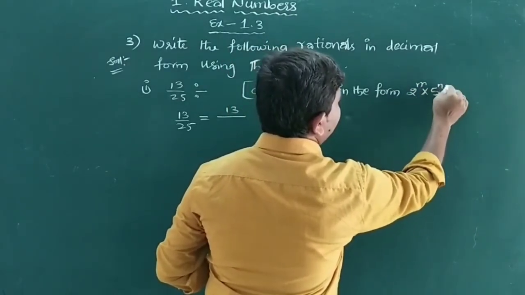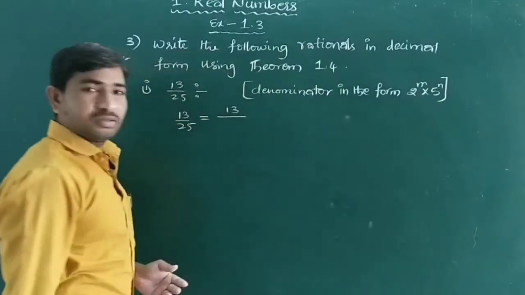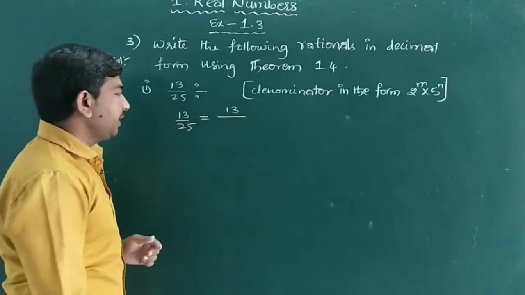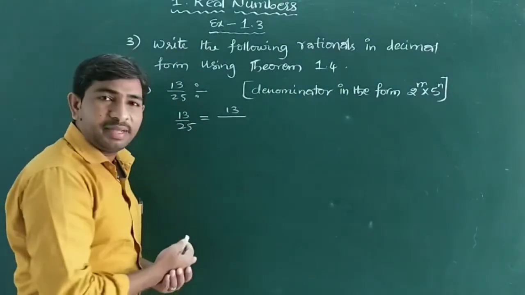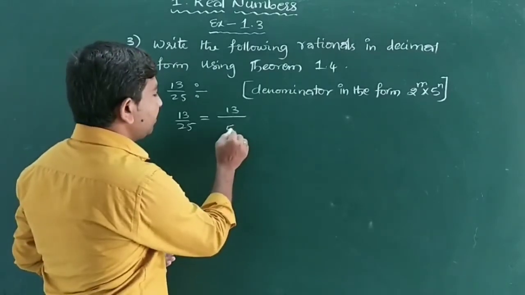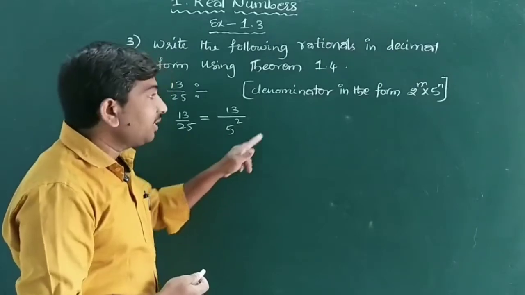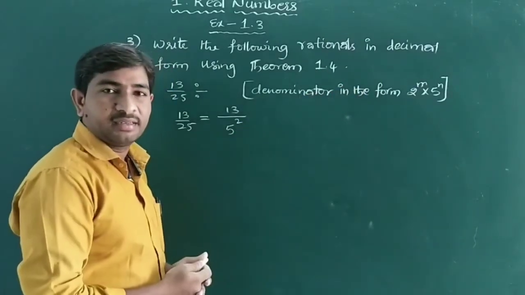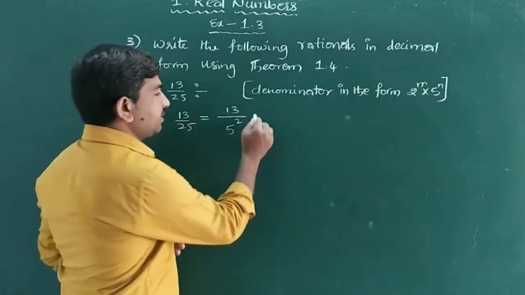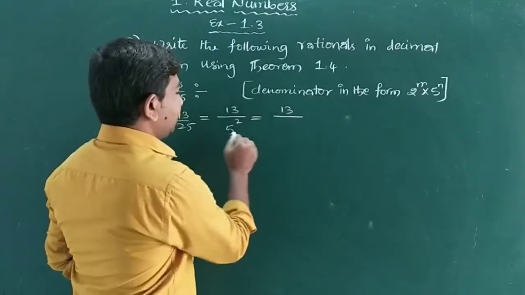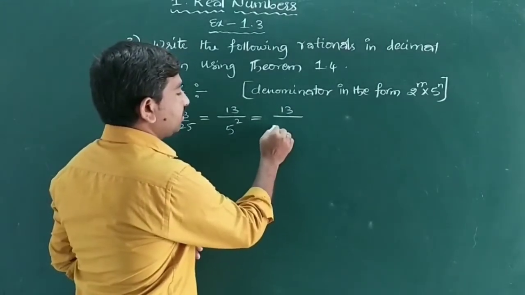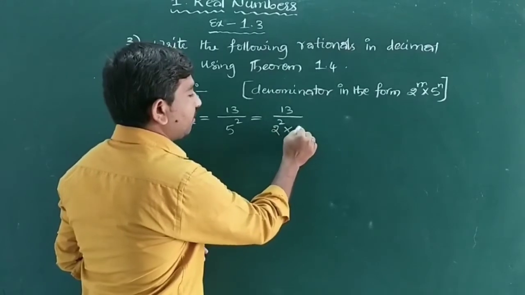That you must keep in your mind. So 13 by 25 can be written as 13 by 5 power 2. Now the denominator is not in the form of 2 power m into 5 power n, so that's why I am rewriting this as 13 by 2 power 2 into 5 power 2.